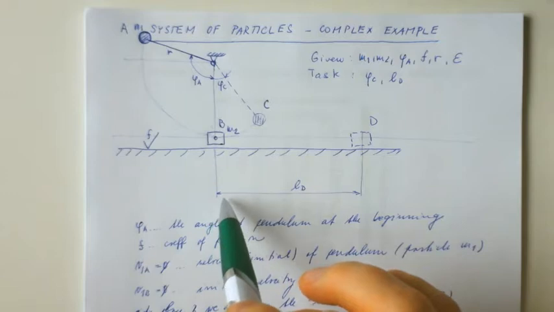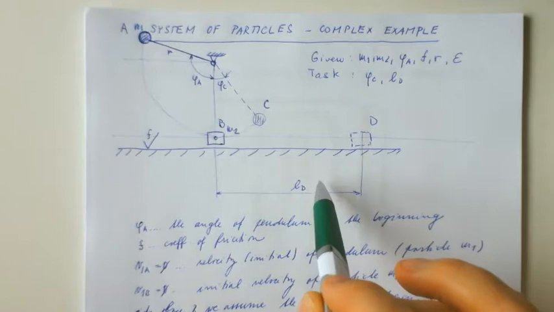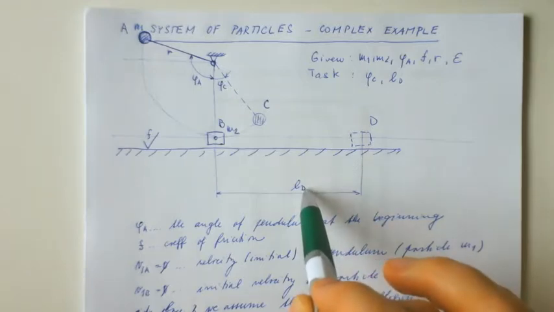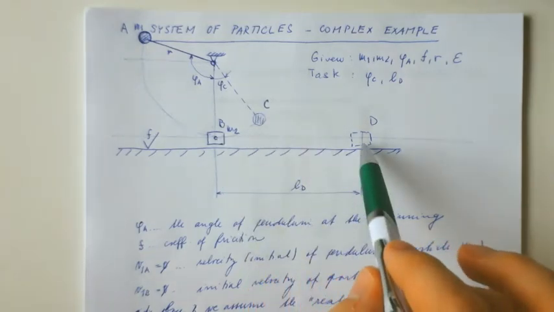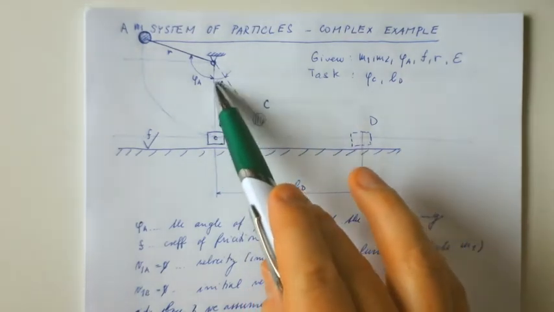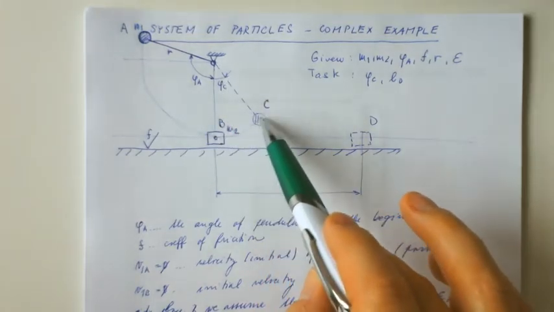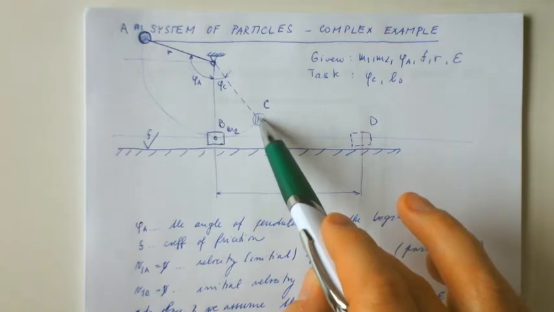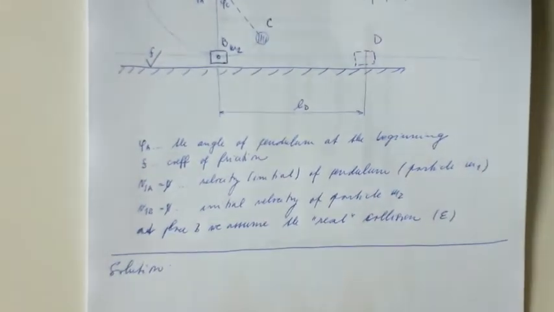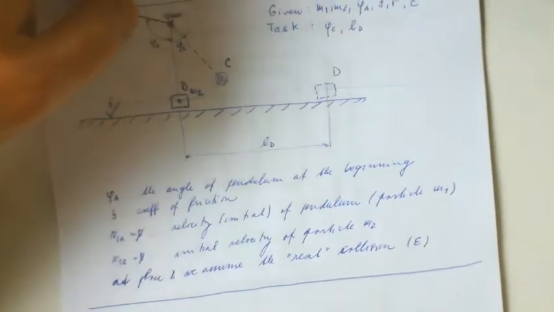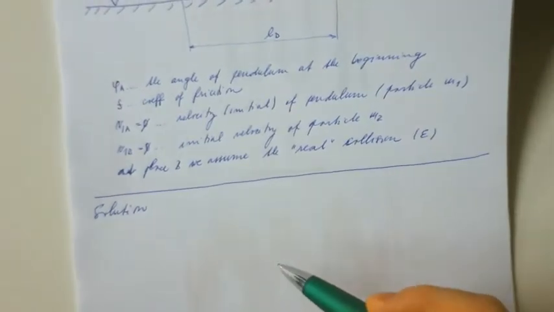It stops at the position LD, and the task is to calculate this position LD where particle m2 will arrive, and the angle phi c. This is the highest position of the pendulum after collision. So that's all.